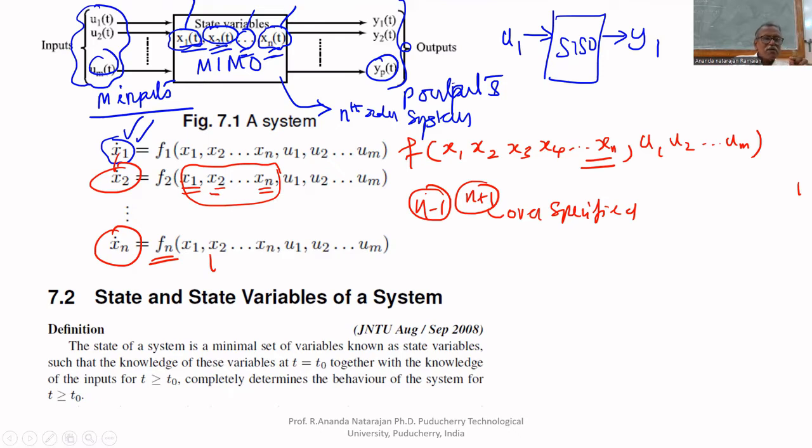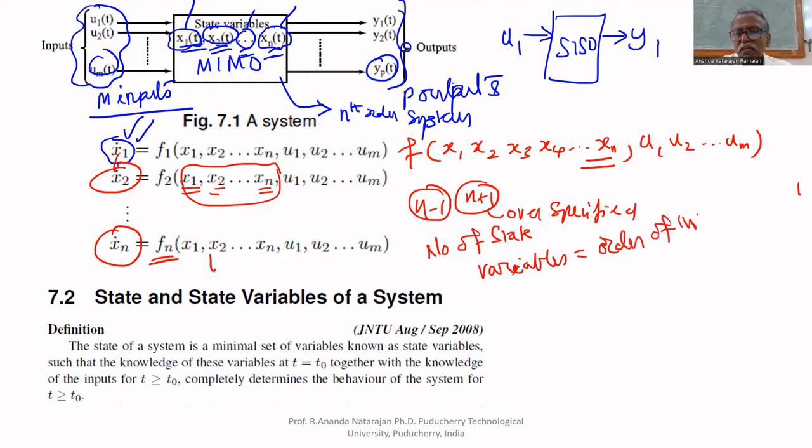That's why it is called the minimal set of variables. The number of state variables is equal to the order of the system. It is an nth order system, which means n state variables will be there.